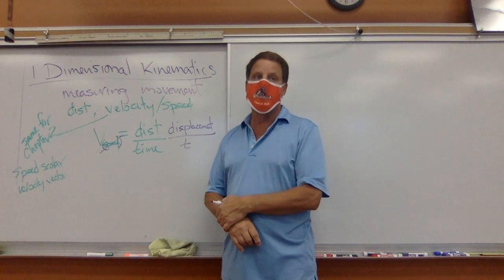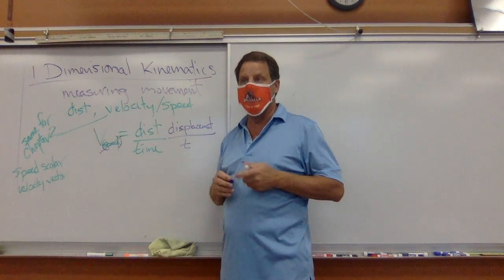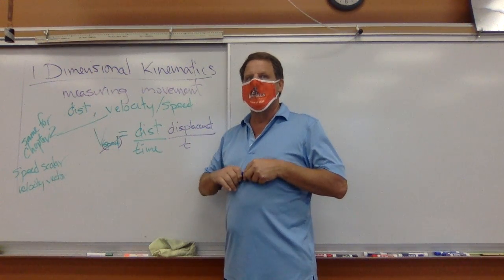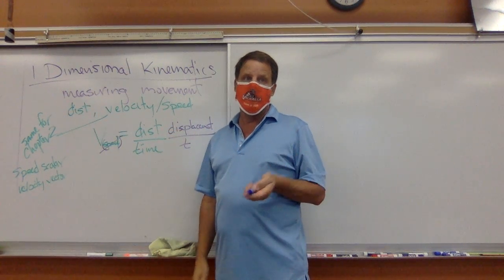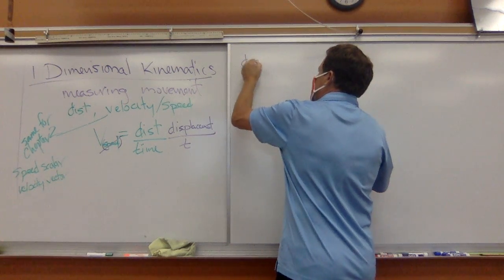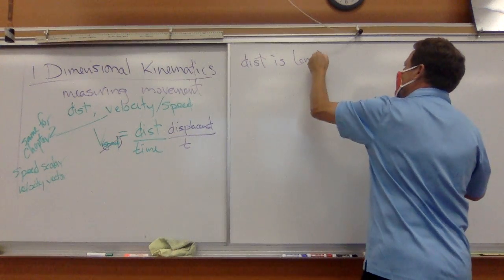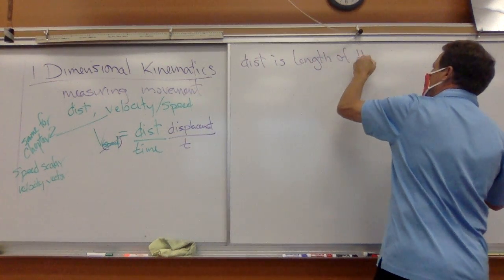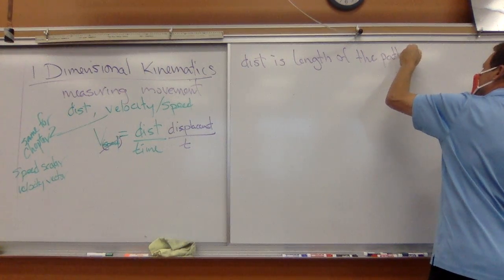Distance over time is speed. But again, they look similar because as long as you're going in the same direction and in only one direction, they're going to be the same. So we're going to say distance is the length of the path taken.